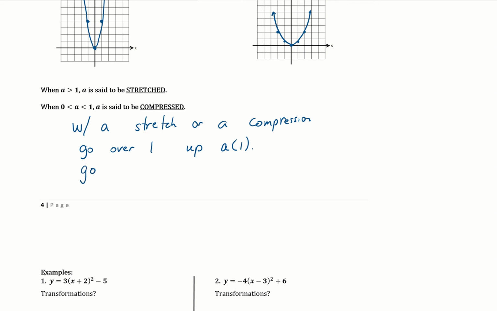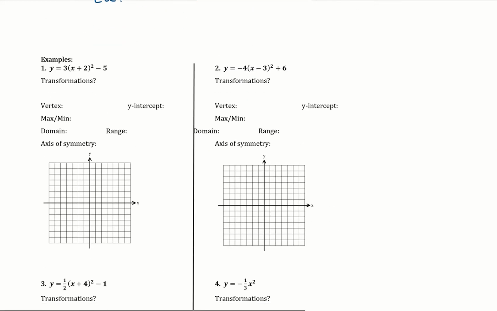From the vertex, when you go over 2, you're going to go up a times 4, because normally it's over 2, up 4. A is going to stretch that. If you were to go over 3 from the vertex, you would go up a times 9. And then that pattern would just continue as you went over. But normally you'll go over 1, then over 2, and that's usually enough points to graph your problem. All right, let's take a look at a couple more examples, and then that should do it for the notes.